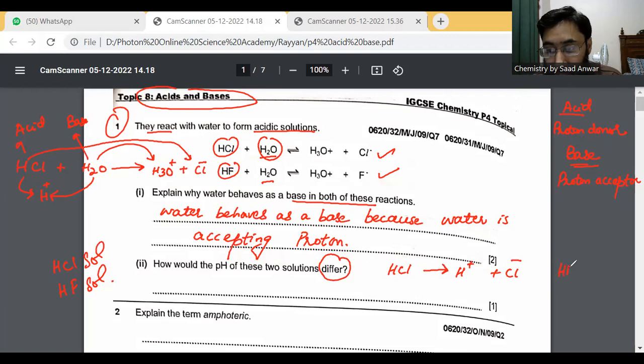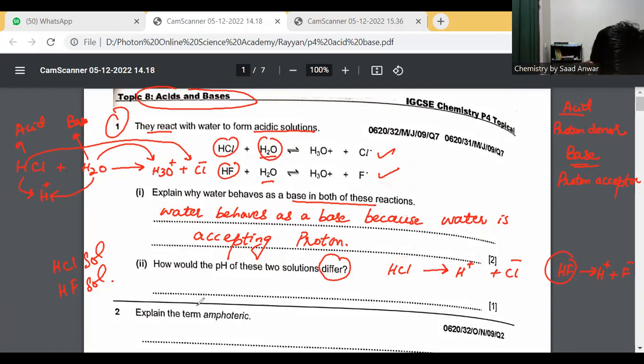In case of HF, it will not donate proton as easily as HCl donates. When we compare HCl with HF, remember HCl donates proton easily, so HCl is a strong acid, and HF does not lose proton easily, so HF is not a strong acid.